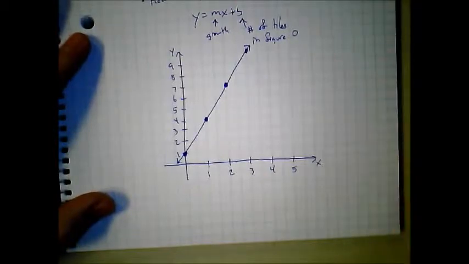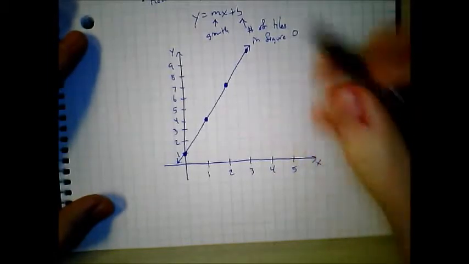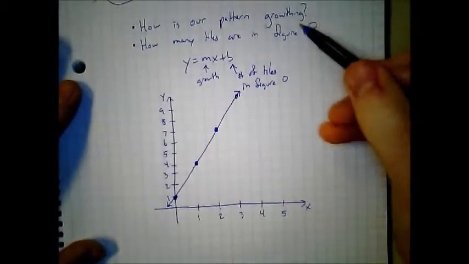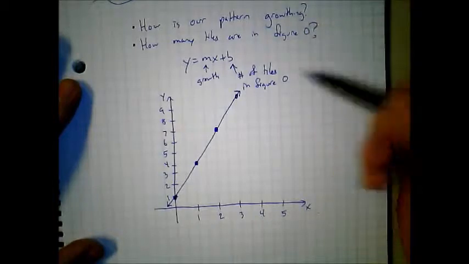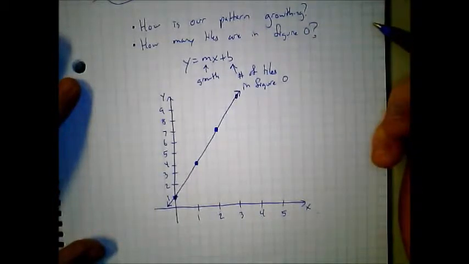Yes, at some point we turned this back into a table and did the island board game again, but we want to know just the answers to these two questions. How is our tile pattern growing, and how many tiles are in figure 0?